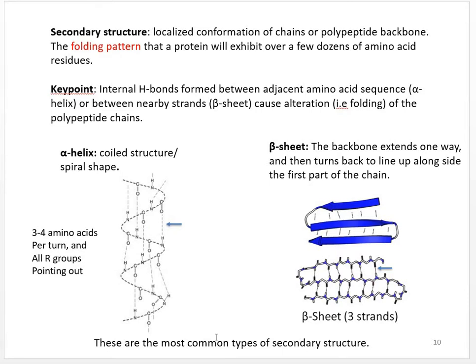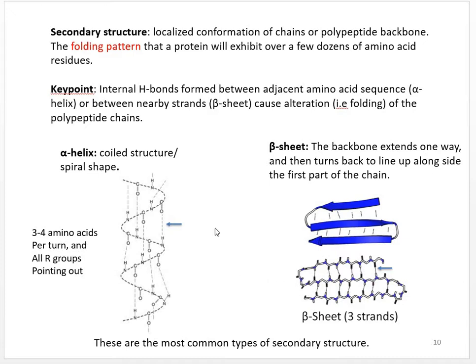There are many, 1 or 2 others, but alpha helix here and then beta sheets are the most common secondary structures. The key point for the secondary structure is that it is characterized by the internal hydrogen bonds. You see there, indicated by the arrow, that is the hydrogen bond, the internal hydrogen bond. That's for alpha helix. For beta sheet, same thing, you can see the internal hydrogen bond.